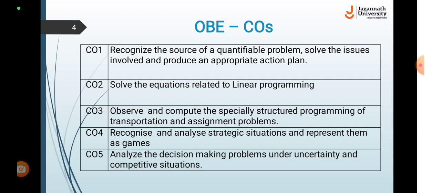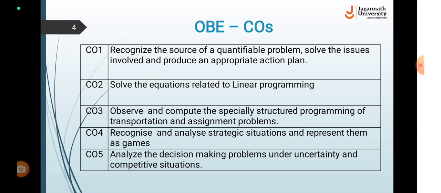After studying all the methods of transportation and assignment problems, in maximization, minimization and unbalanced problems, the student will be able to achieve the outcome, that is, observe and compute the specially structured programming of transportation and assignment problems.